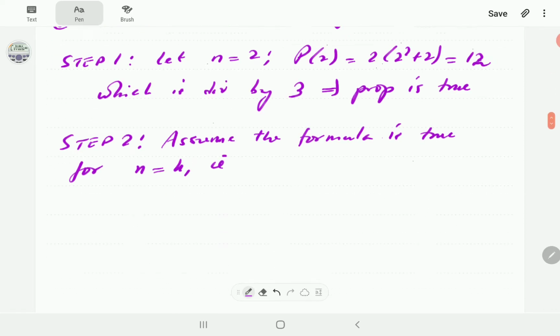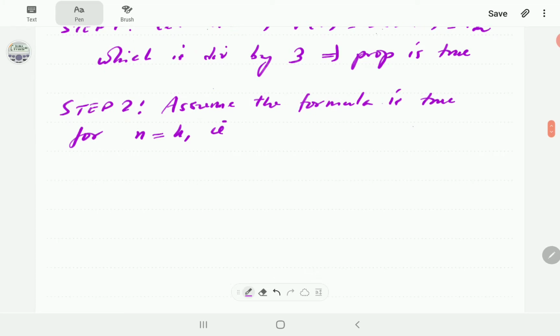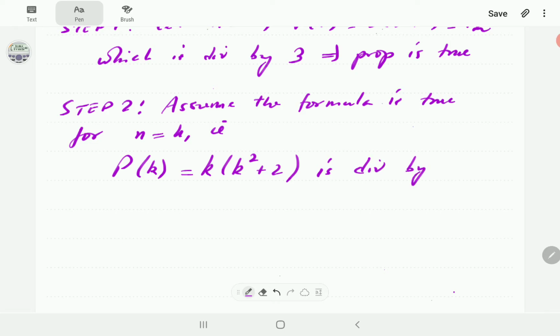In this case, what it does mean is that we assume that P of k, which is k into k squared plus 2, is divisible by 3. So assume this is divisible by 3.